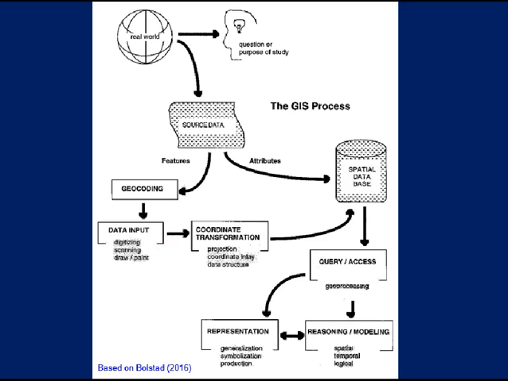And here's the process we go through in geospatial analysis. We have a question or purpose for our study. We then collect source data, and these are going to be features that have a geographic component, and there are going to be characteristics about that particular feature that we're also interested in tracking.